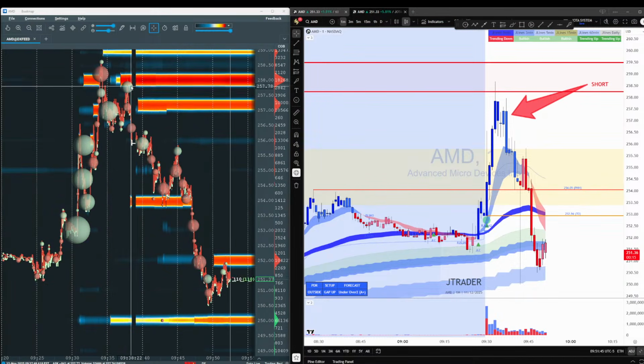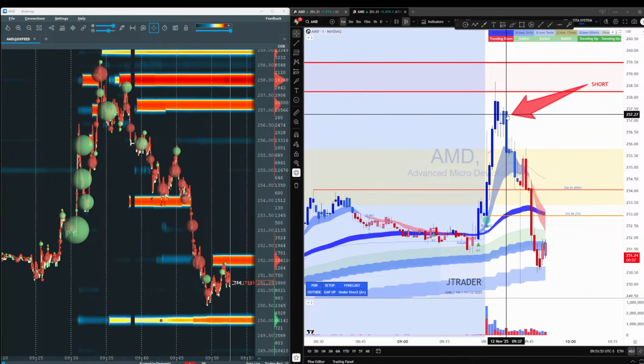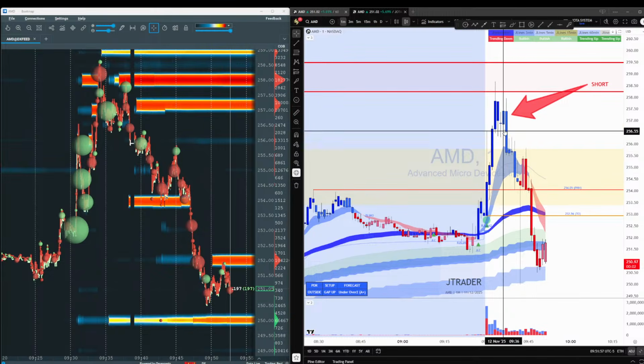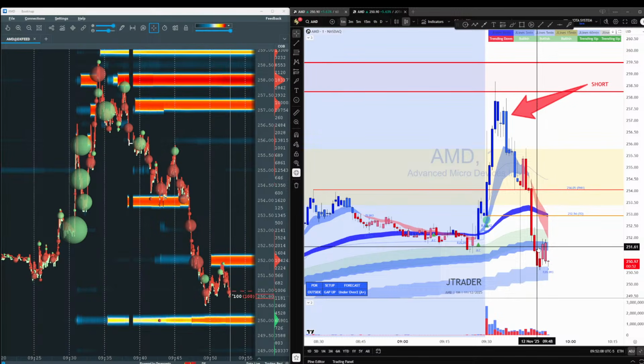And then over here, 257.50, we alerted the short play. And major supply area came down, short alerted from 257.50. Right now it's 251.50 over here. Check the puts, how much they're paying, guys. And live over here in the YouTube session on Bookmap. So 250.50, let it go, let it go, let it go.